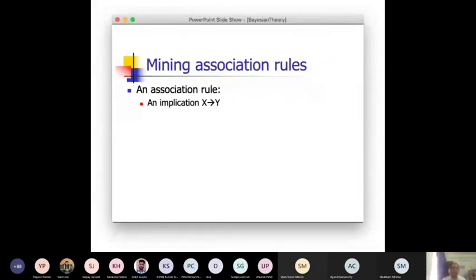Let us consider a very general representation of that fact in this form, which is very familiar to all of you. That's an implication. I hope you have immediately recognized that this is what is meant by association: if X, then Y. So the event X implies that Y also takes place, right?